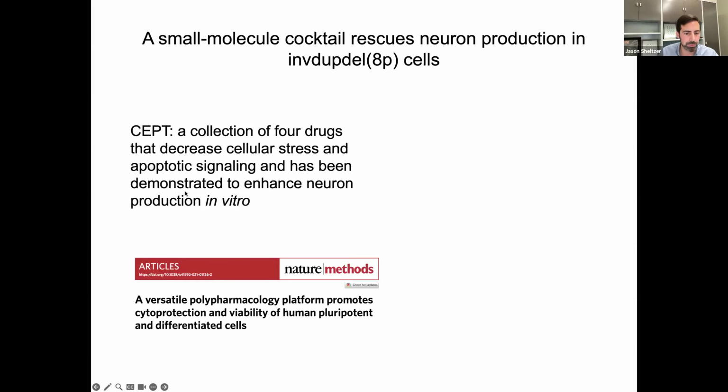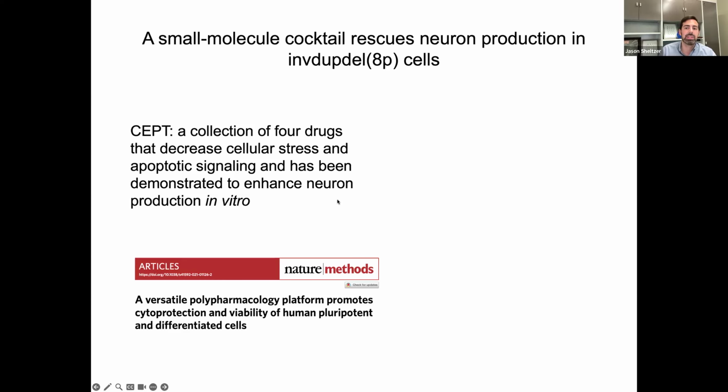And a group of researchers at NIH found that the addition of CEPT enhances the production of neurons from induced pluripotent stem cells in humans. Stefan's group added CEPT to the cells with the inversion duplication deletion of 8p, and he found that adding CEPT enhances the production of neurons in the cells with an inversion duplication deletion of 8p.